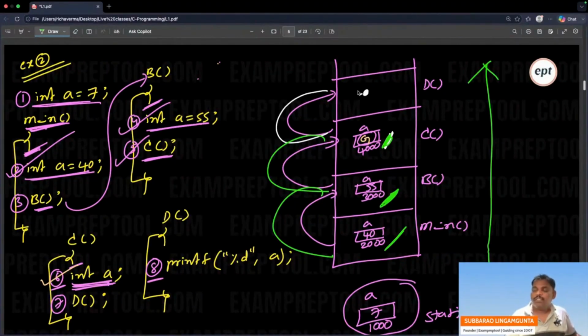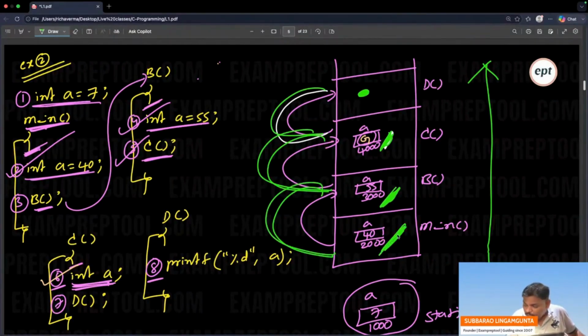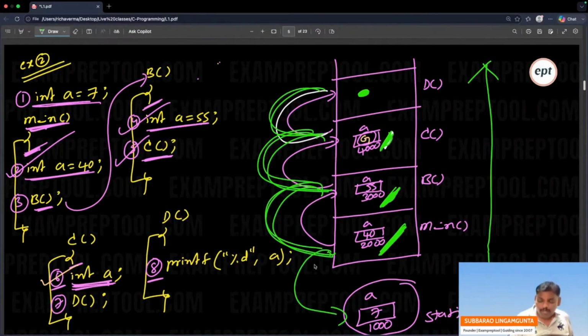In dynamic scoping, if you have a problem, go to previous. Previous also has a problem, go to previous. Lastly, dynamic scoping also will print the global variable. It will start from here. It wants to print the nearest one. If not available, in the worst case, it will also print global.